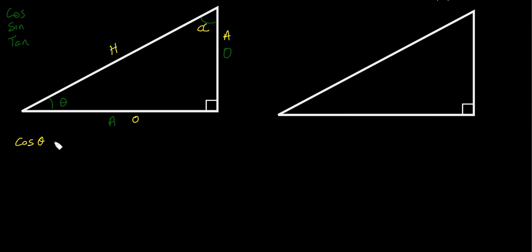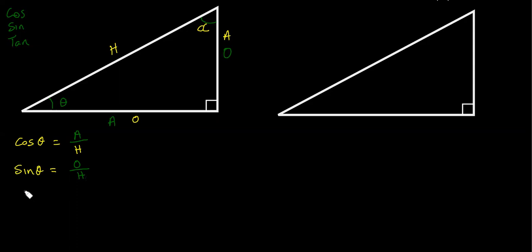So cos theta is equal to adjacent over the hypotenuse. Okay, that's what we have there. What about sine theta? Let's look at sine theta. Sine theta is equal to opposite over hypotenuse.